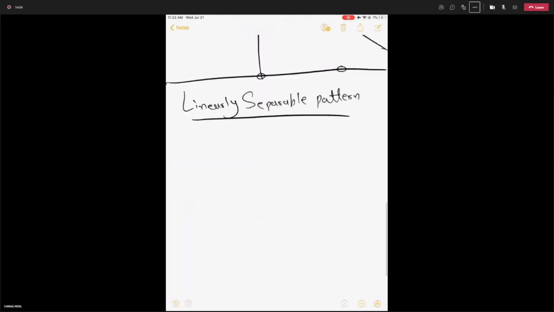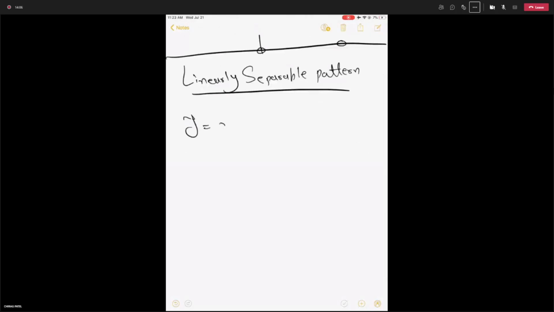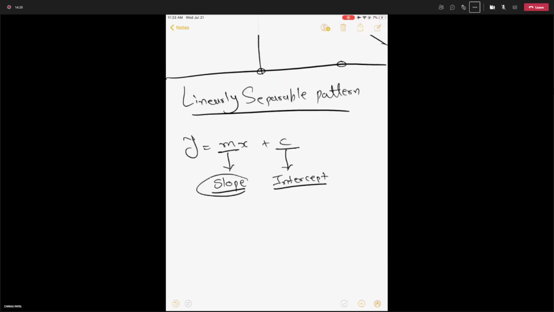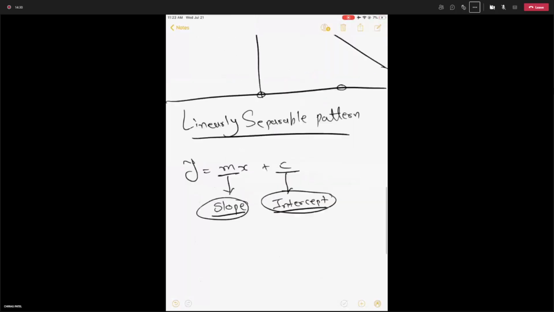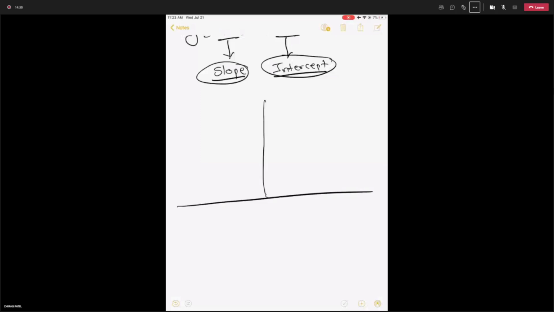Now, if we talk about y is equal to mx plus c, what do you mean by m and what do you mean by c? m is your slope and c is your intercept. Slope you people are aware about. What do you mean by intercept? The point at which the line intersects an axis.